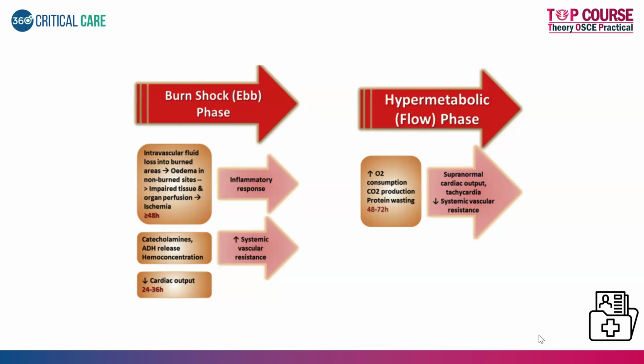Because of capillary leak, there will be loss of intravascular fluid into the space around the tissue. That causes edema, and in the long term, if the burns are quite extensive, it can cause hypovolemic shock, leading to organ perfusion derangements, leading to ischemic insults. Both these things can happen simultaneously, that is, your capillary leak causing hypovolemic shock, causing multi-organ failure.